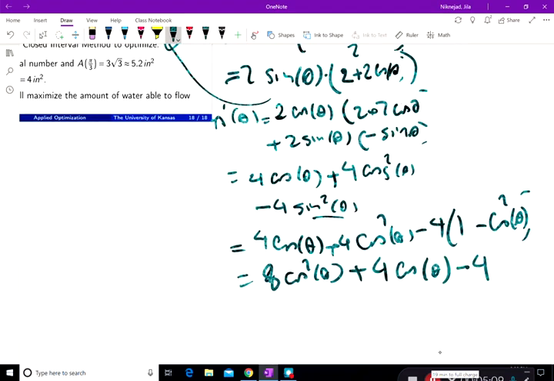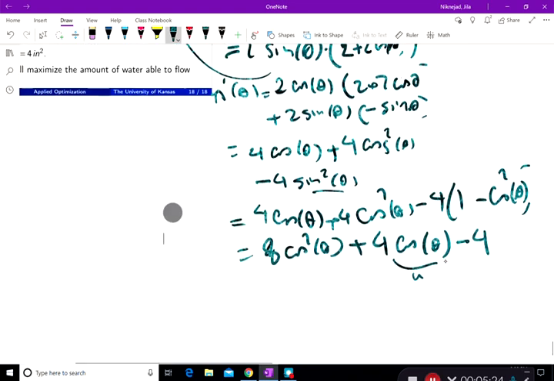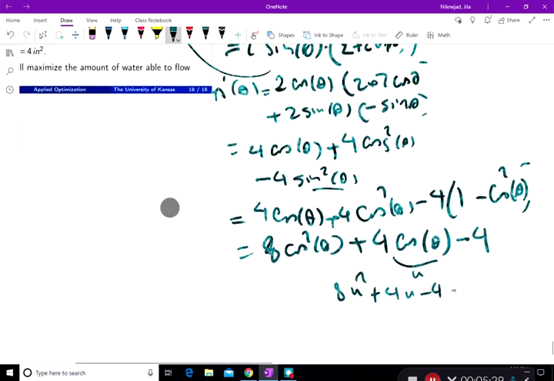Now, at this point, what you want to do is factor. So you do a u substitution here: 8u squared plus 4u minus 4. Factor out the 4, and you end up with 2u minus 1 times u plus 1.